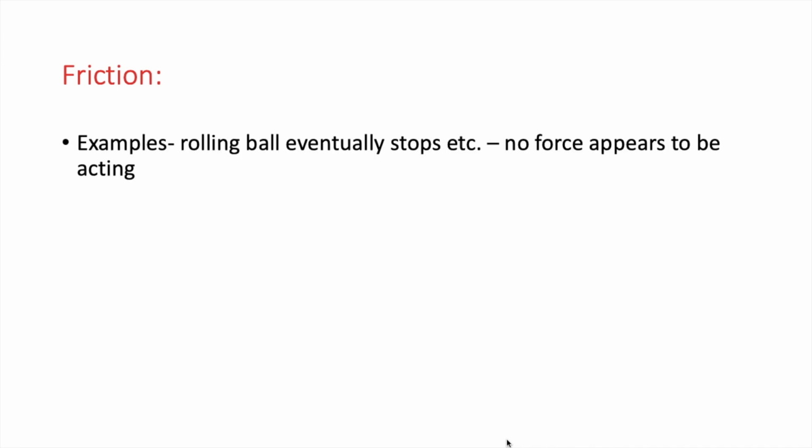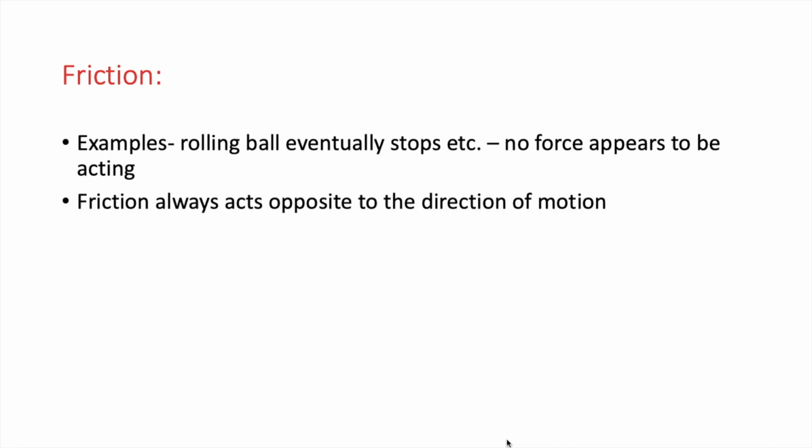Second, frictional force. This is a force that does not appear to be acting, but we can see its effects. Like a ball rolling on the ground eventually stops. A boat stops if we stop rowing it. When two objects come in contact and move against each other, frictional force comes into play.